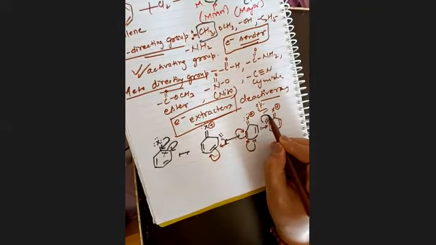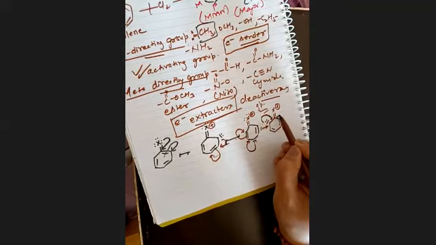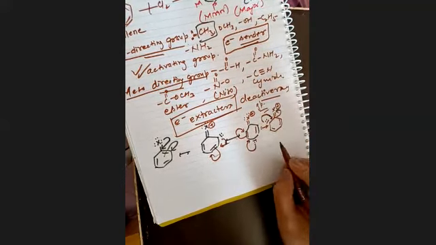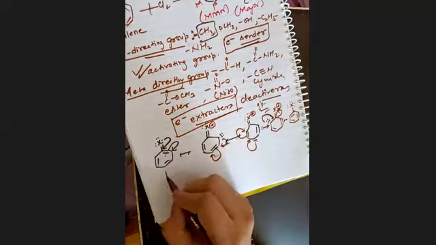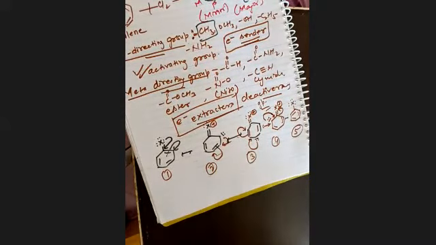Clear? So again this pi electron will shift to this one, and as it comes here, this carbon gets its electron back, so your final product will be just opposite to the first one. This is your first step, this is your second, third, fourth, and this is your fifth step. Clear? That is how resonance takes place.